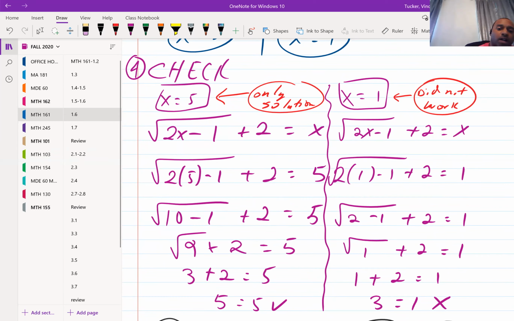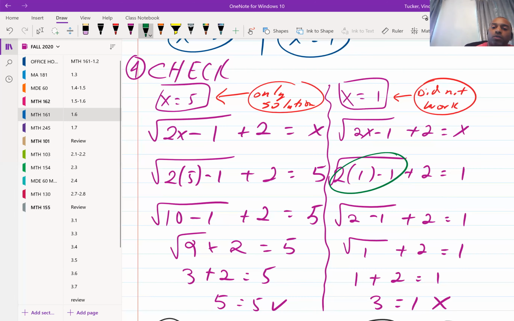So 2 times 5 minus 1 under the radical would be 10 minus 1, which is 9. And then square root of 9 is 3. 3 plus 2 is 5. So that one checks out. Then looking at x equal to 1, once again, we plug 1 into both spots where we see x, and then simplify and see if we end up getting a correct or true statement.